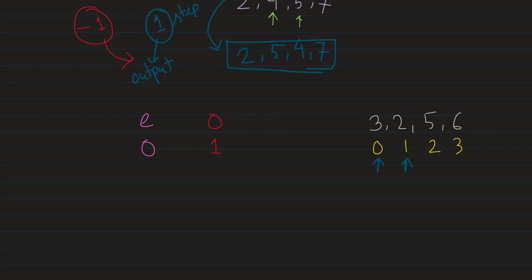Then we will have to increment the integer e. At the next index, the element is odd and the index is even. Therefore, we have to increment o. At the next index, we can see that the element is even and the index is odd. Therefore, we will have to increment e.